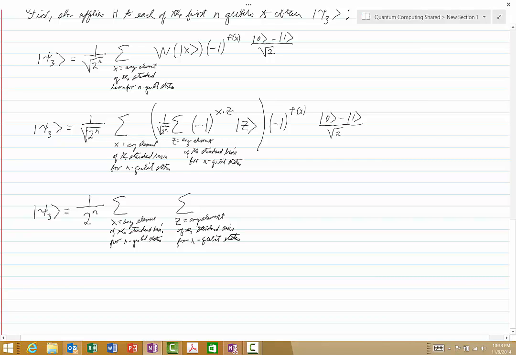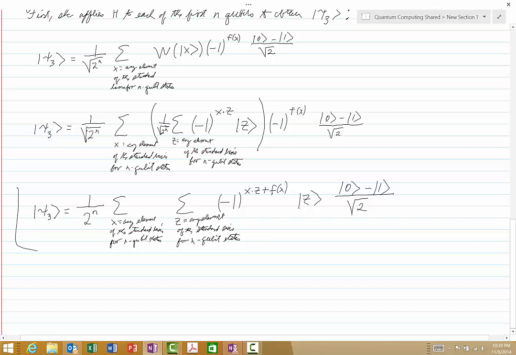And then we'll have (-1) to the x dot z plus f of x. That comes from combining, of course, this (-1) to the x dot z with (-1) to the f of x power. And then we'll have |z⟩, and finally that last qubit, (|0⟩ − |1⟩) over the square root of 2.